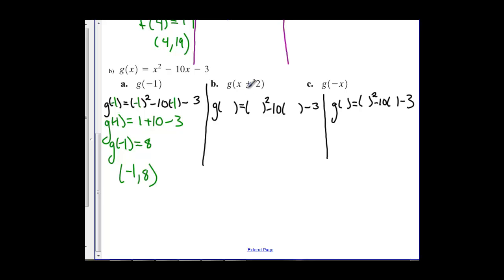So B, did you guys plug in the x plus 2 in all your parentheses? Okay. I'm guessing you saw where the parentheses were really important here also, right? So we got g of x plus 2. Whenever you foiled or squared x plus 2, what'd you get?